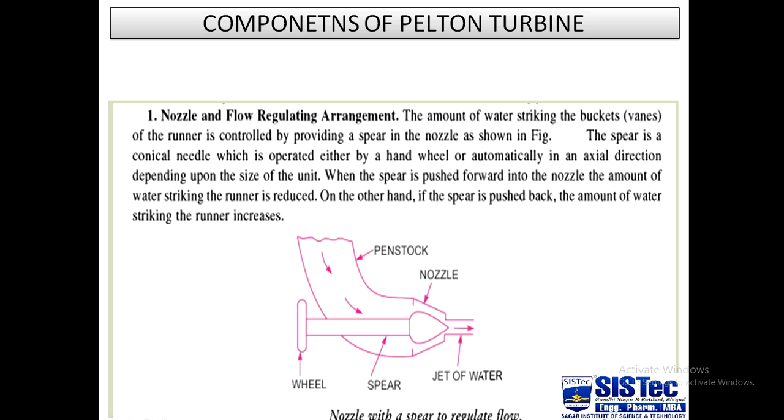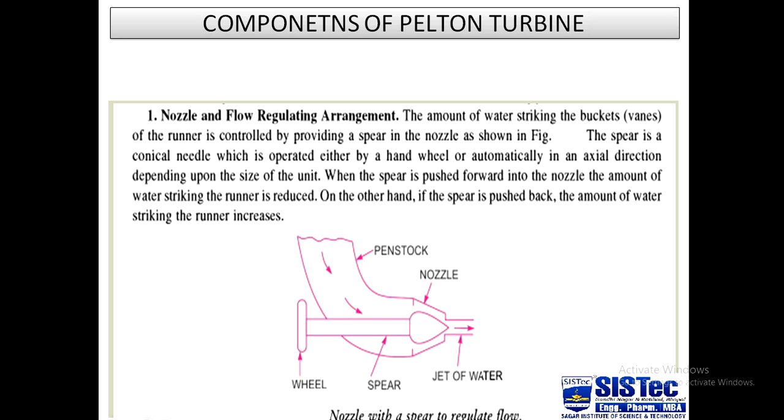It is connected to the turbine and ends in a conical shape. This conical shape of small area at the last point of the penstock is known as the nozzle. The water that strikes the vane comes out from the nozzle.